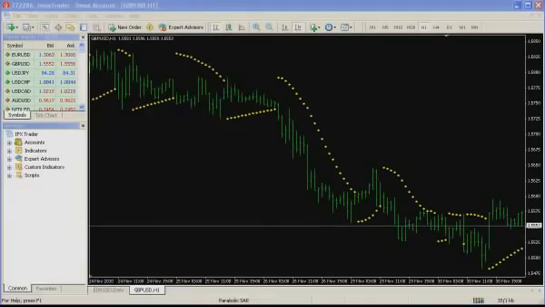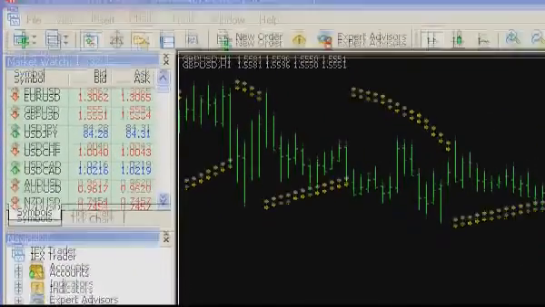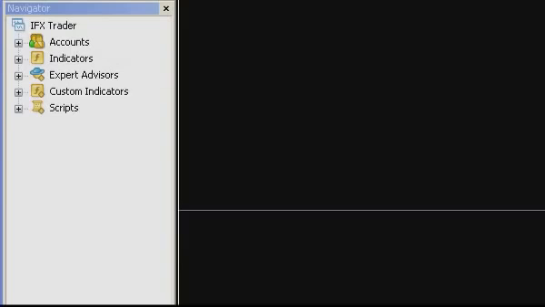The trading platform InstaTrader supports the great number of indicators and oscillators, including parabolic SAR indicator. It is very easy to plot the parabolic on the chart of the chosen tool in InstaTrader.